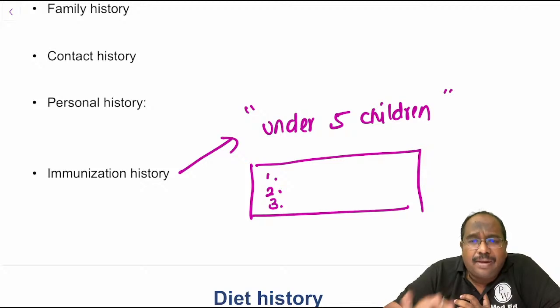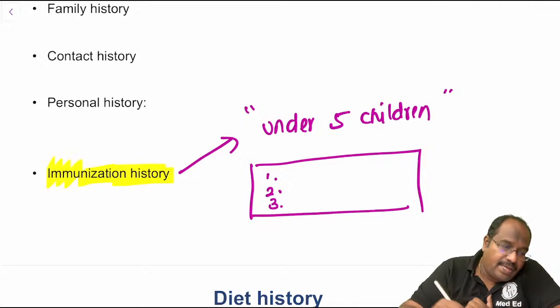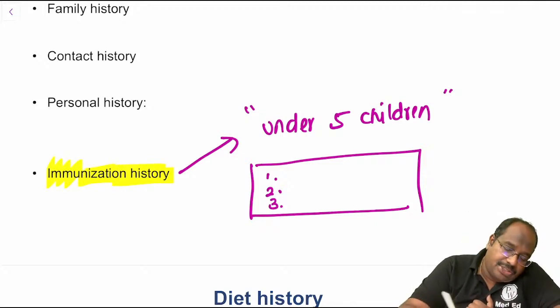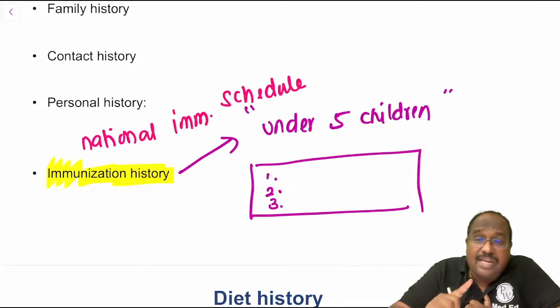If you have time, try to do it. The question may go into the national immunization schedule, which you can easily answer. So don't go to the exam without studying the national immunization schedule, guys, especially if you are seeing an under 5 child.